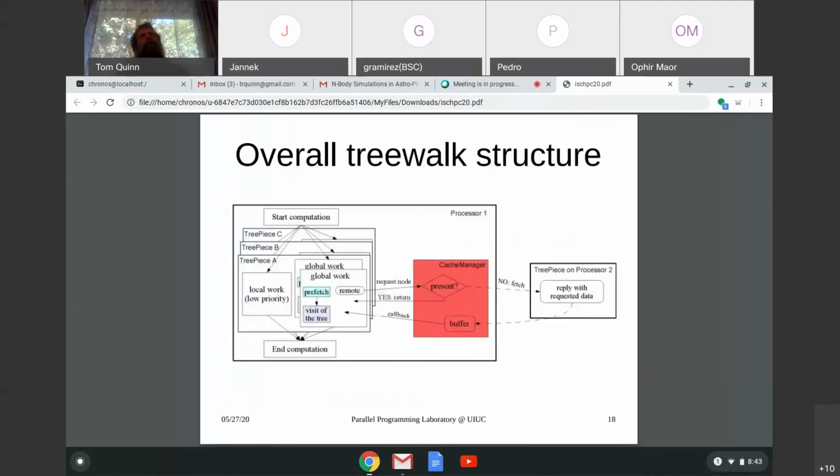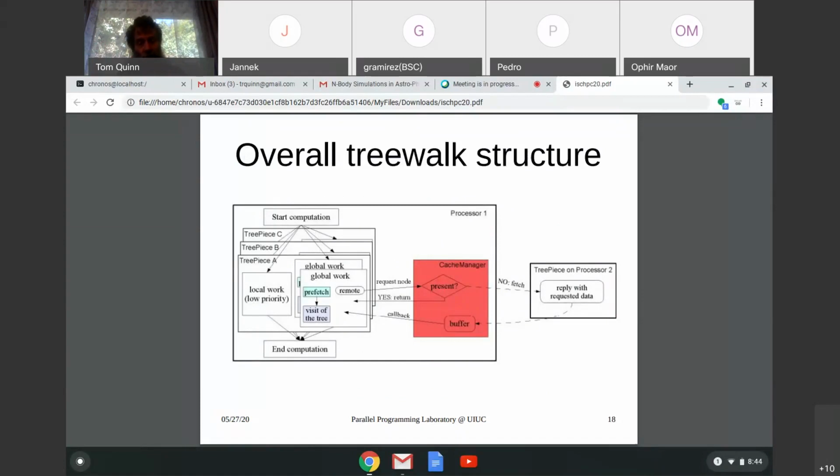And then we have to start the gravity calculation. So this is, as the tree slide tried to illustrate, you're walking the tree. For a given particle, you're trying to decide whether a given tree node can be treated as a multipole expansion or whether I have to go to the children of that node.